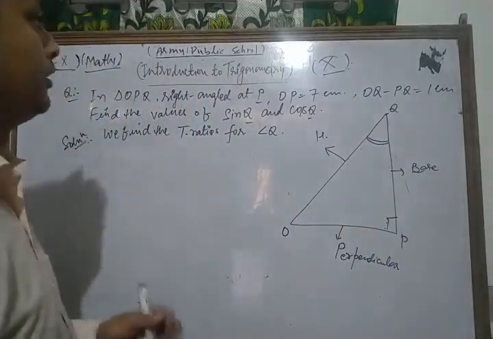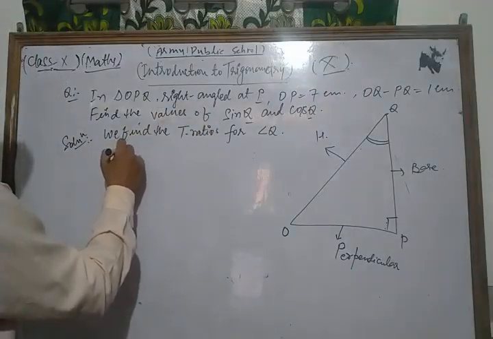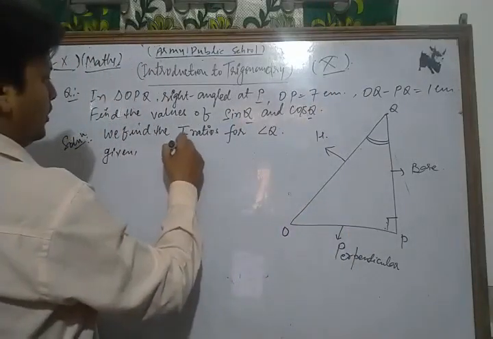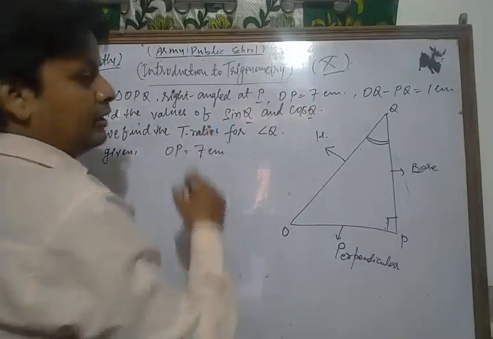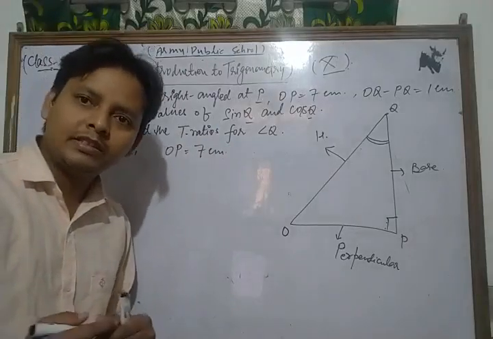Now what is given? First of all, you write the given values. Given is OP, the distance OP is 7 centimeter.